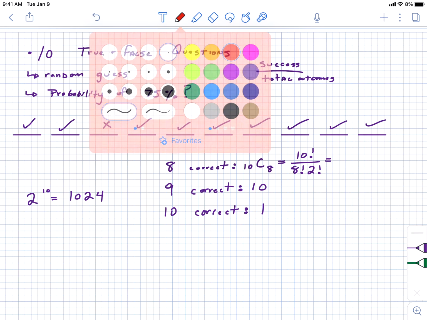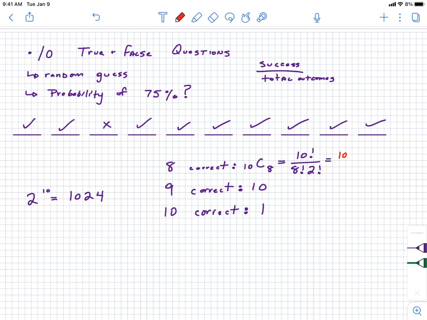For example, 10 factorial is 10, 9, and then 8 factorial, right? So that's going to cancel with the 8 factorial we have in the denominator. I didn't want to just list that all out, but 8 times 7 times 6. So that's going to cancel with the 8 factorial we already have. And 2 factorial is just 2 times 1, so pretty much just 2.